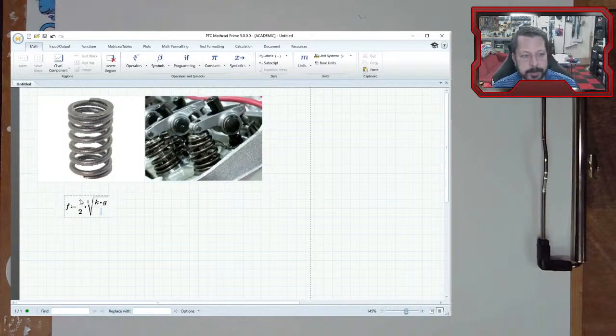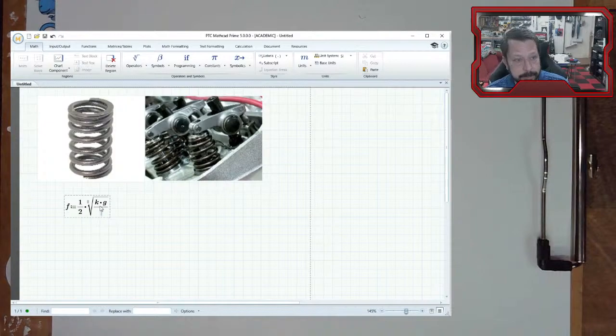So this is one point I'll make. If you're doing these by hand, and you're using US units, G is going to be in feet per second squared, and a lot of these other units are going to be inches, or they're going to be related to inches, so you will have to convert G over to inches per second squared instead of feet. And then here we just have, they use capital W for weight.